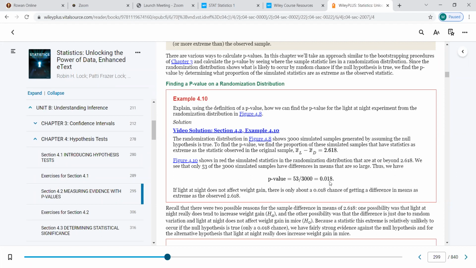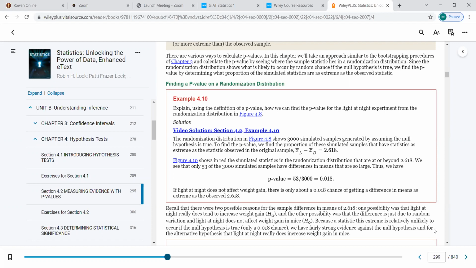And we may consider that p-value to be sufficiently small to reject the null hypothesis and say, all right, I believe the light group does have a sufficiently bigger body mass gain than the dark group. So the p-value plays that role.